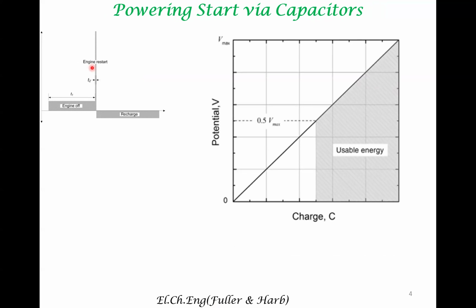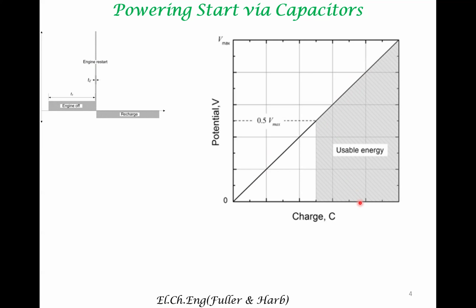We have already presented the features of capacitors. But what is to be noted is that as you pull out charge from a capacitor, the voltage of a capacitor comes down. So there is a linear dependence between the voltage of the capacitor and the charge that is stored, and the energy that is stored in a capacitor.